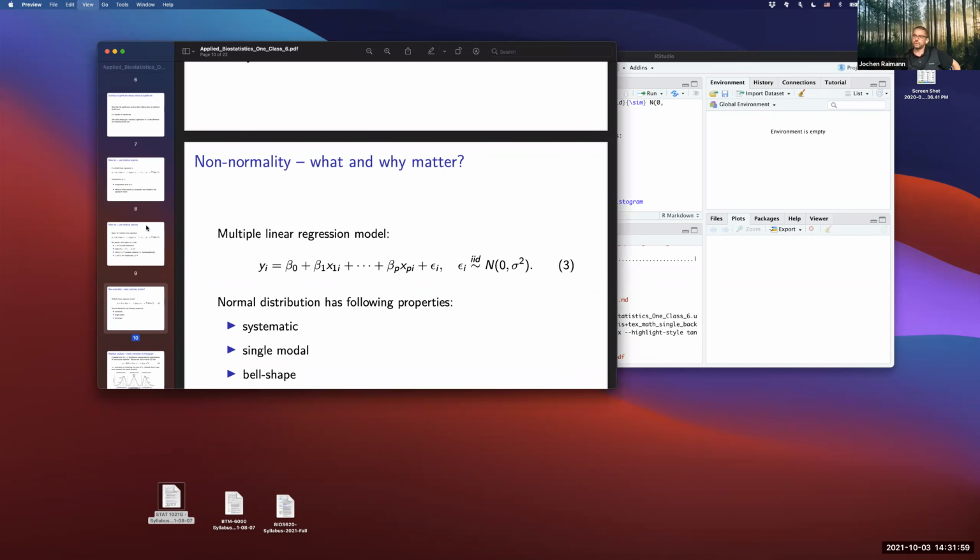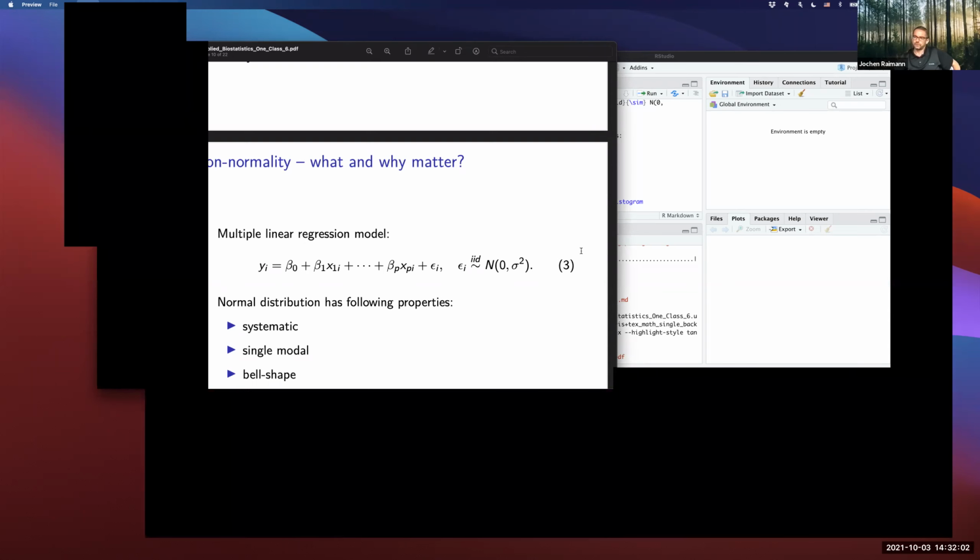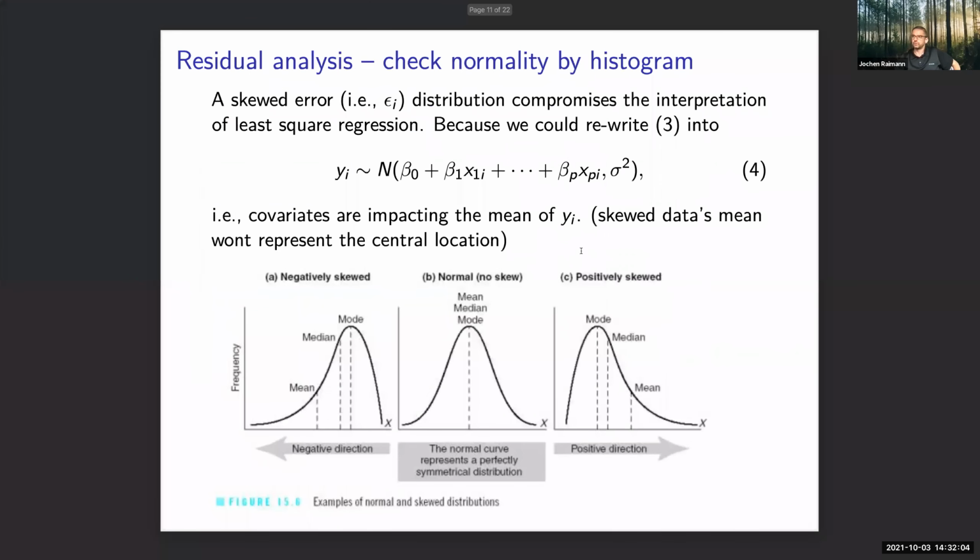So the question is, what are we going to do if this is not normally distributed? Are you just not going to do the analysis? Well, you still will try to do the analysis, right? If you have a skewed error, this compromises the interpretation of the least square regression, because we could rewrite this into a different shape, where the covariate will be impacting the mean of the yi.